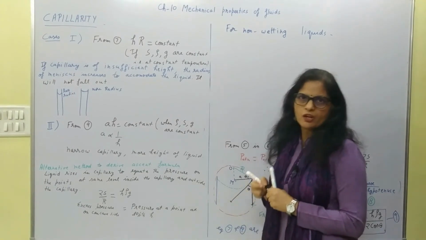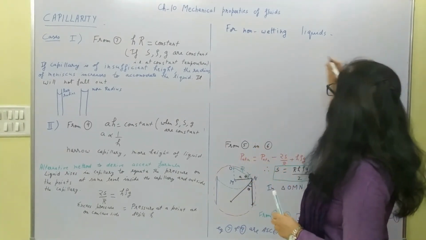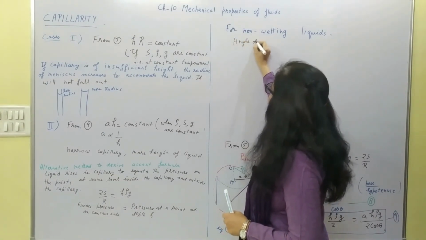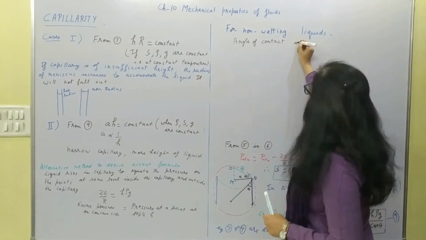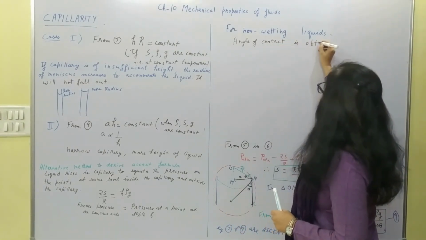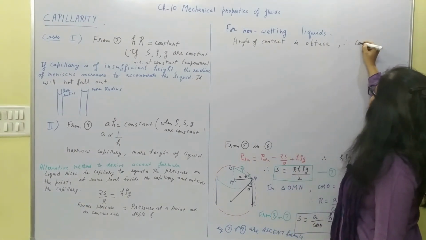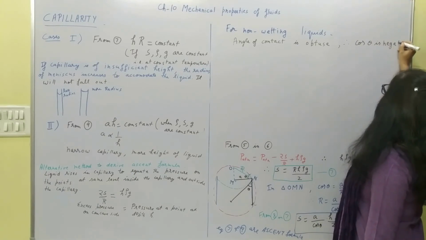We know that the angle of contact is obtuse for non-wetting liquids. So angle of contact is obtuse. Therefore, cos theta is negative.